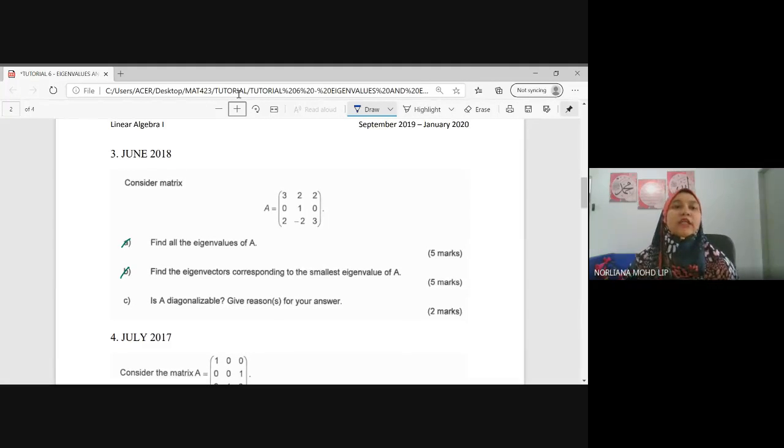Okay, ni dah cuba buat tak? June 2018 ni. Dah cuba buat tak semua? Okay, cuba kita buat ni.